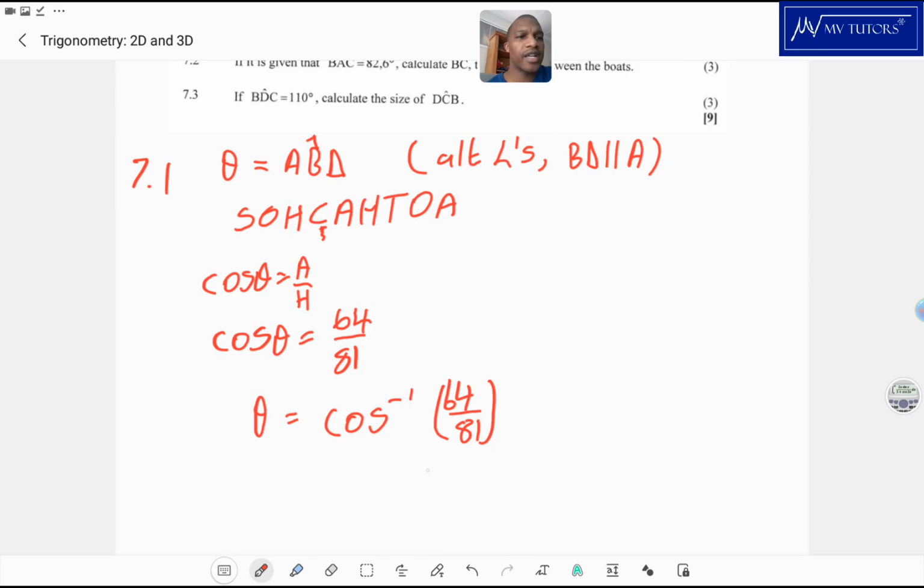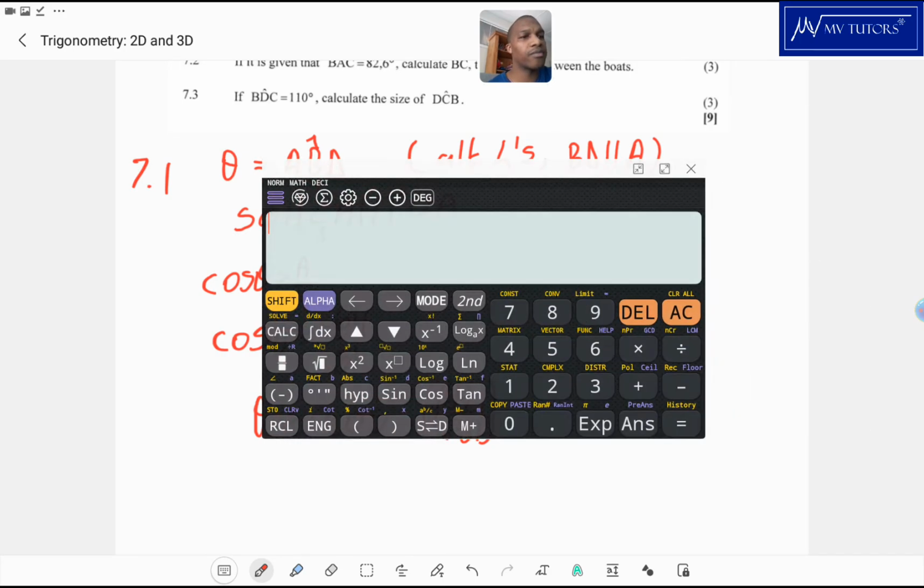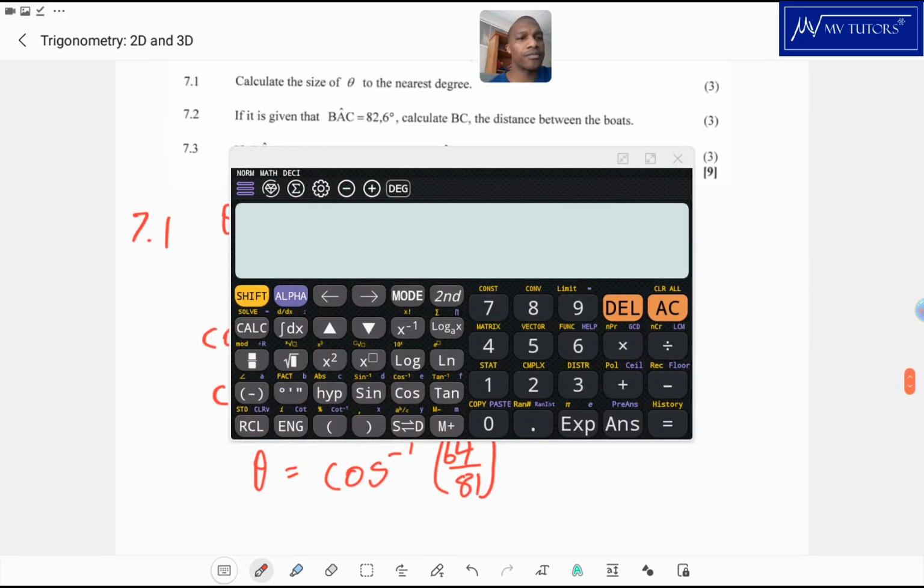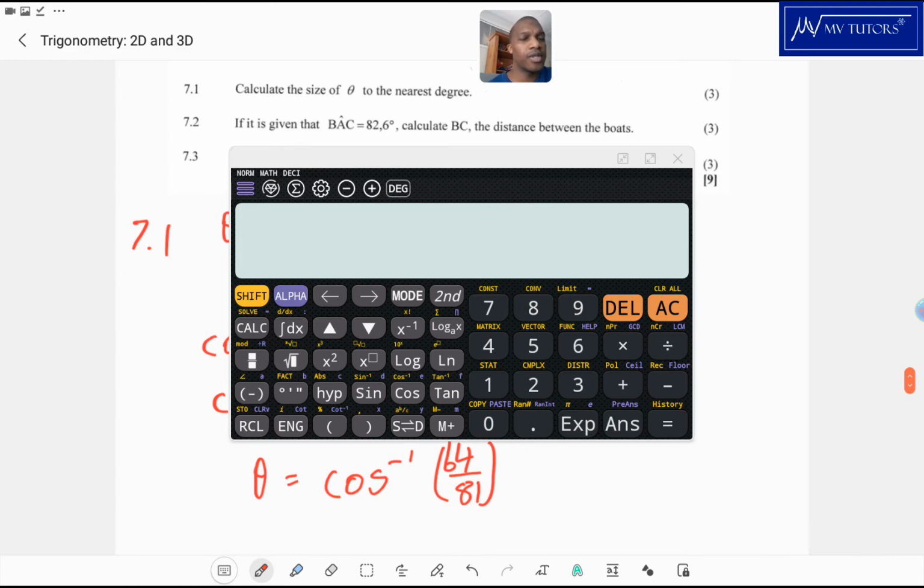We put it exactly like this in a calculator. Let's bring out our calculator. There we go. So it's shift cos, then 64, then 81. Close this bracket.